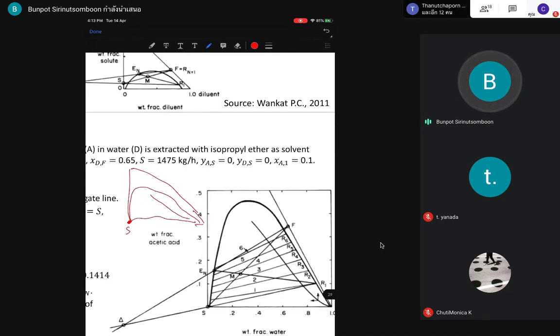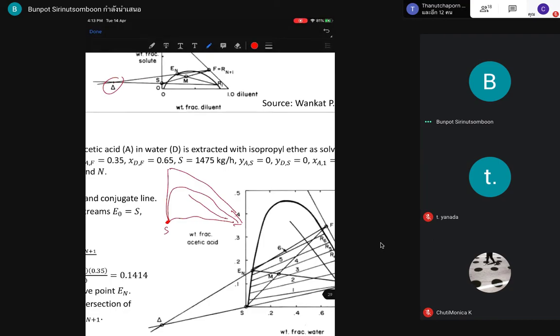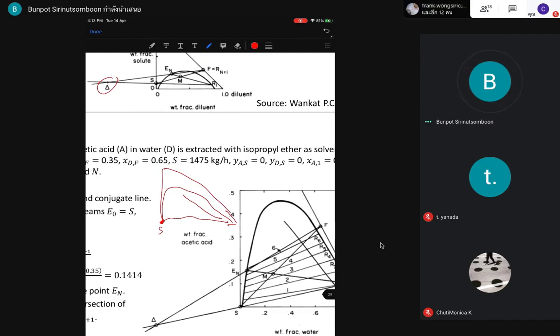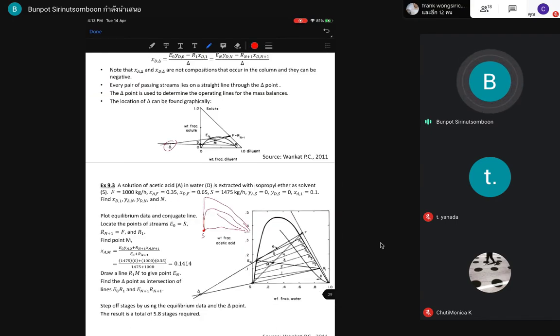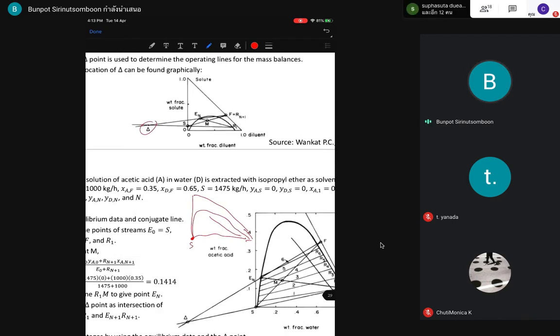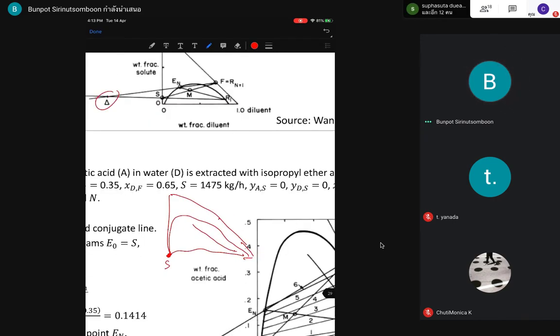So you're gonna have only solvent here at this point. The problem also gives you the feed, Rn plus 1. The feed point here, which is equal to Rn plus 1.